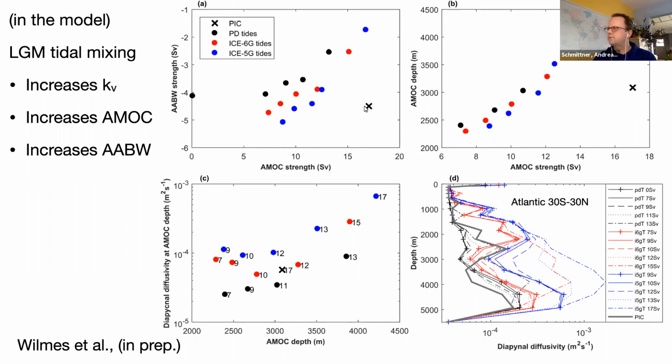So that's another effect that causes a stronger AMOC in the LGM compared with present day. And then there are various other processes like basin-wide E-P in the Atlantic, and you could think of many others, like Bering Strait closure and so on. Right. Okay.